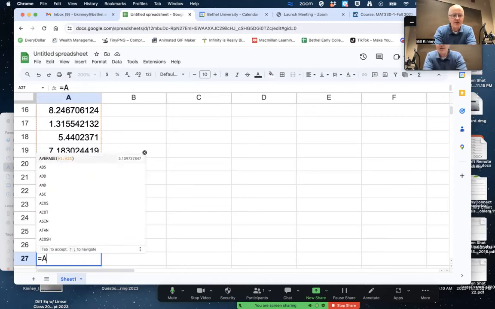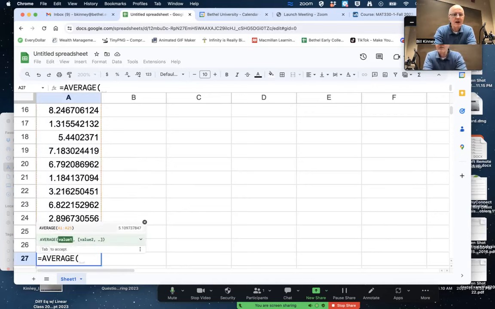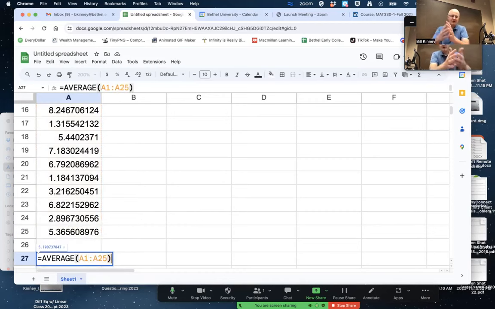I could do equals average to find their mean, though the spreadsheet is programmed in such a way that when I enter that formula, all the numbers are going to change again. That's okay. It's not a big deal. It's all simulation anyway. If I re-enter it, it's going to be a new simulation.